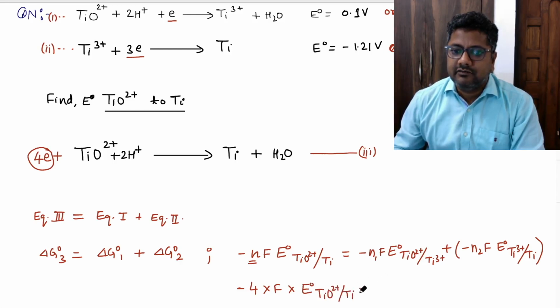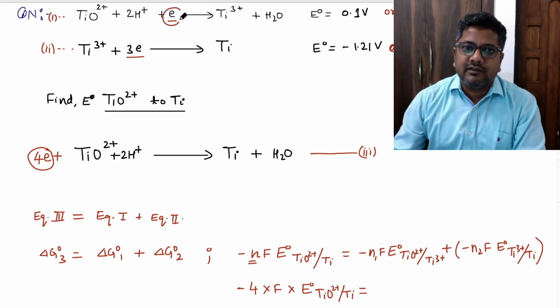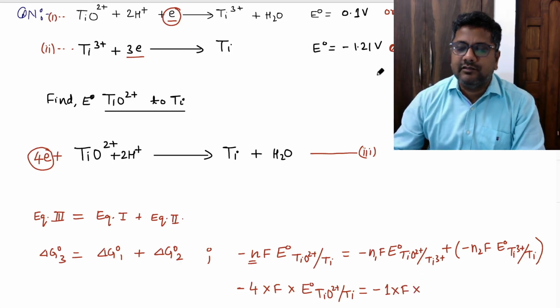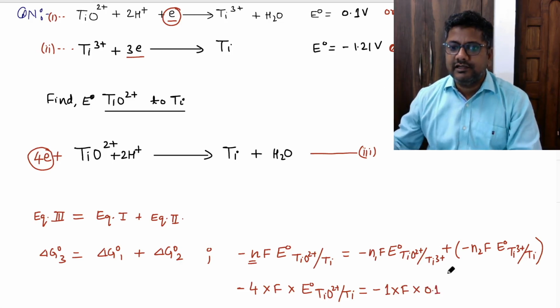This is equal to n1. In equation 1, moles of electrons is 1. So minus 1 into F into E naught, which is given as 0.1, right?